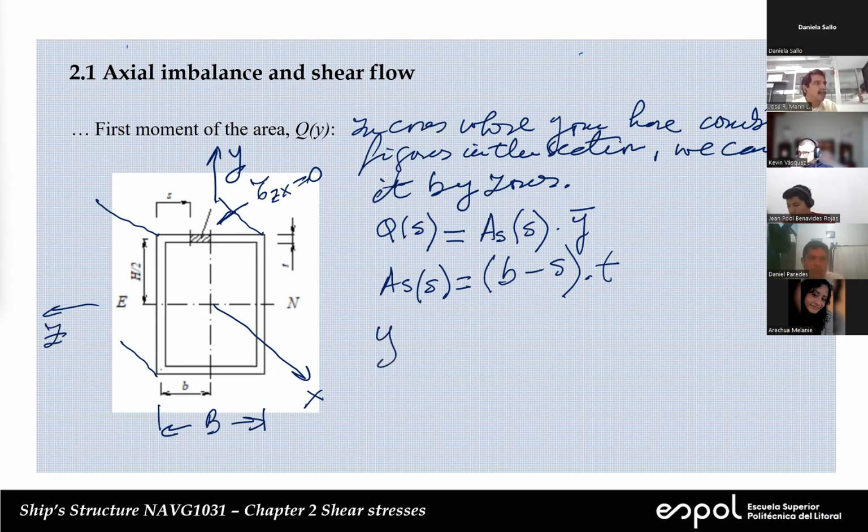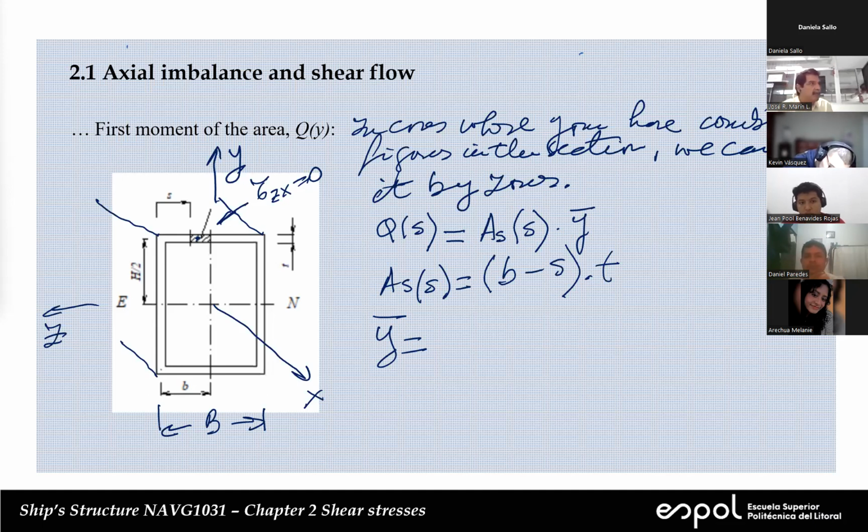how about the Y average? How much is the Y average? Mr. Kimi, tell me, Y average. Position of the centroid. Mr. Kimi, please. Come on, we don't have too much time.